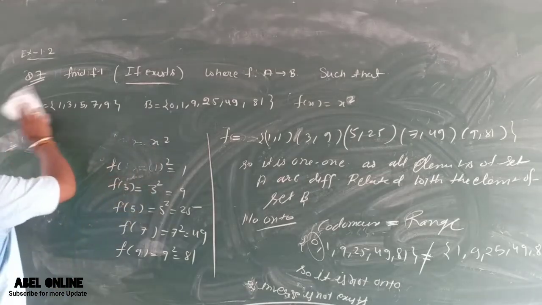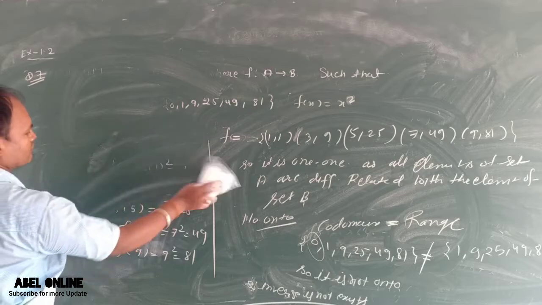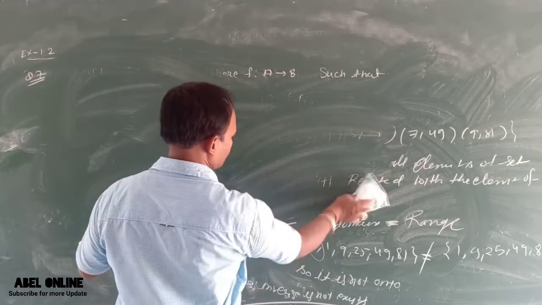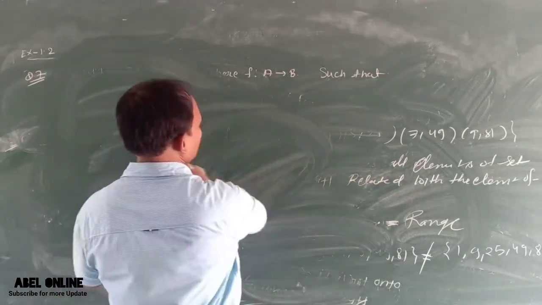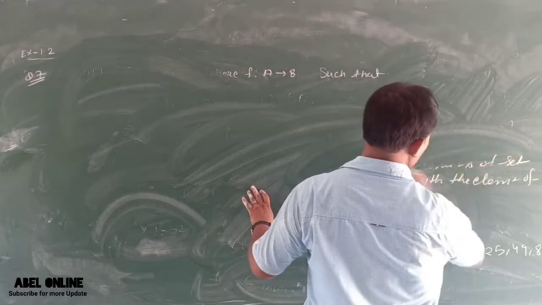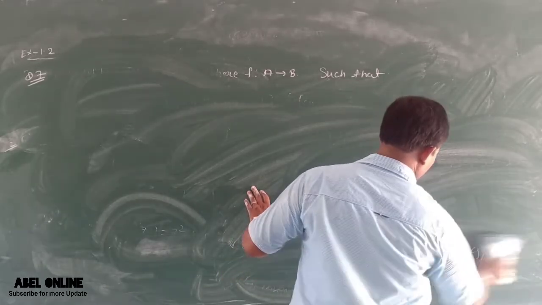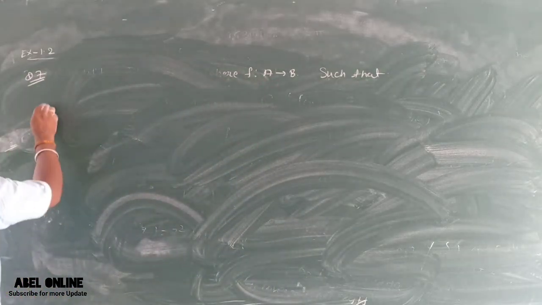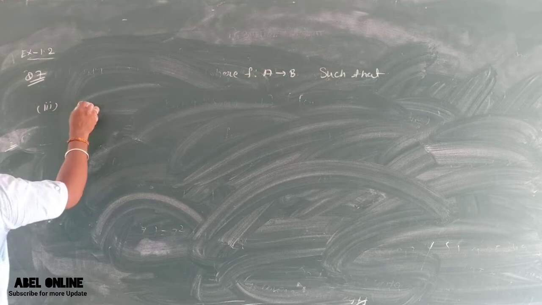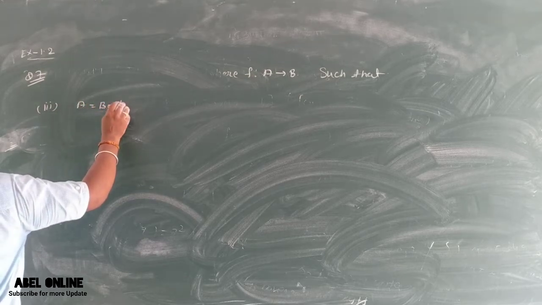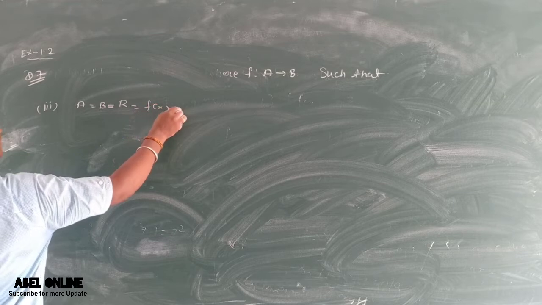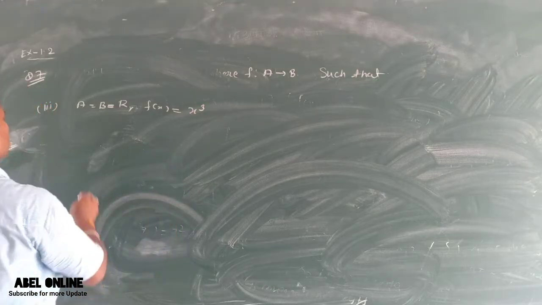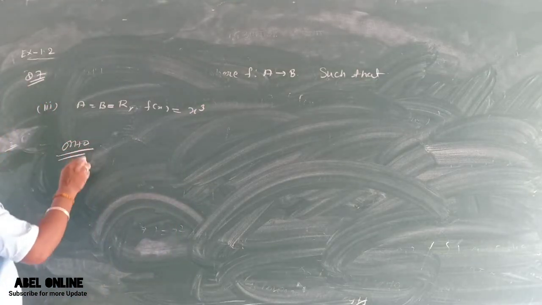The last one is: now the third one is A equals B equals R and f(x) equals x cube.